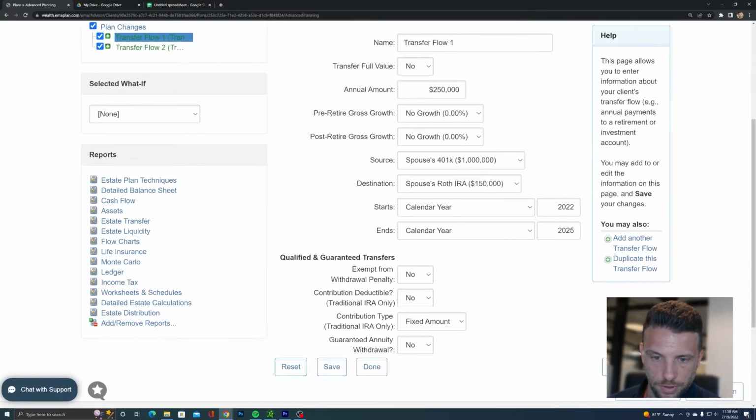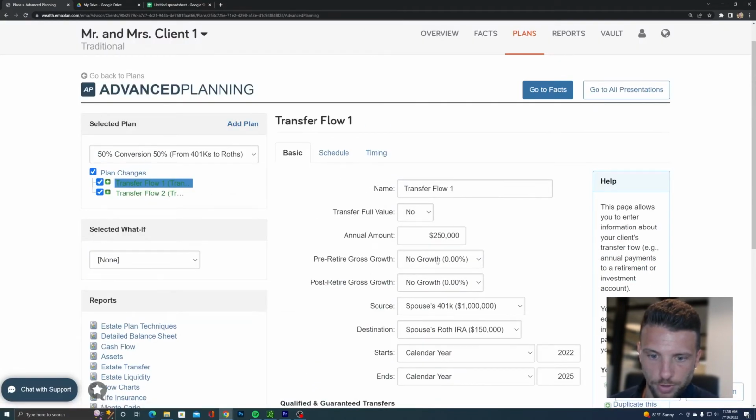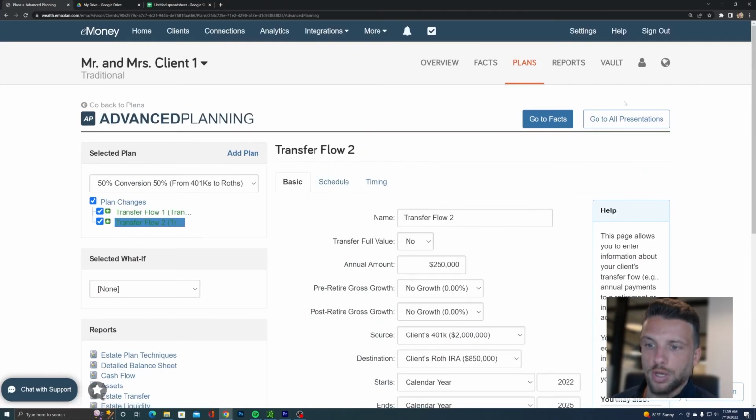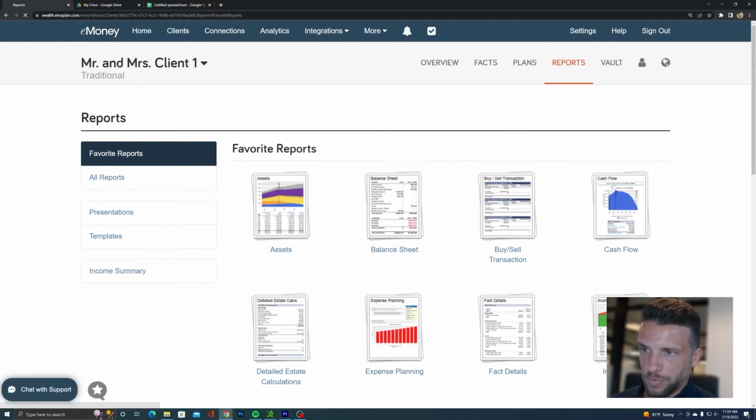First is for $250 over the same 4-year period, from the spouse's 401k. And then I'm assuming the second one is $250 over 4 years. Yeah, so we're doing $2 million instead of $1 million.